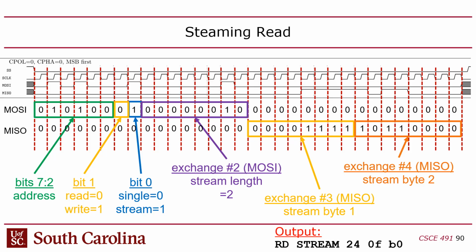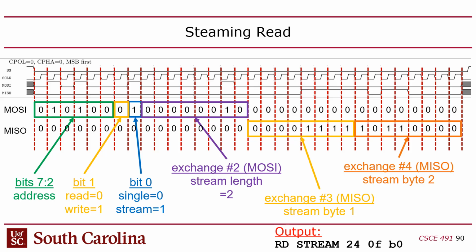The first contains the address, the second contains the stream length, and the subsequent ones are the data. In this case, we're doing a stream of 2. We're reading 2 bytes from the slave, and that requires 4 exchanges, or 4 times 8, which is 32 cycles.